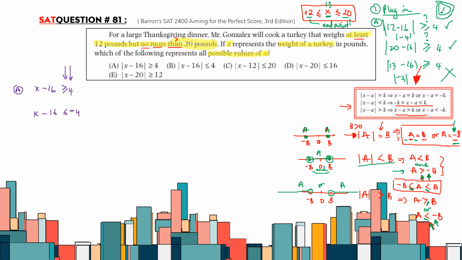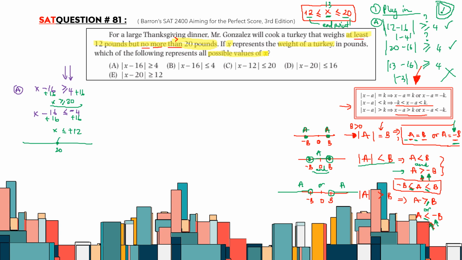Okay, so this one, if we solve it, we just add 16 to both sides. So we have x greater than or equal to 20. Now we add 16 to both sides. We will have x less than or equal to negative 4 plus 16, which is positive 12. Okay, so when we see this one, what happened? x greater than 20.